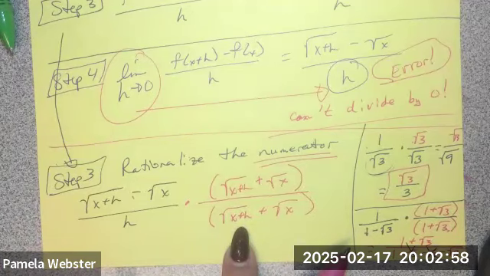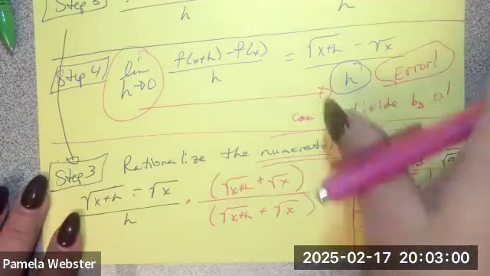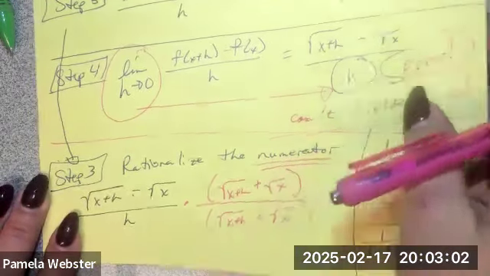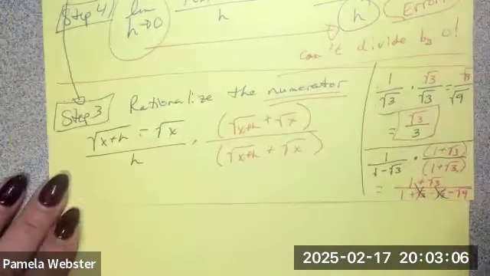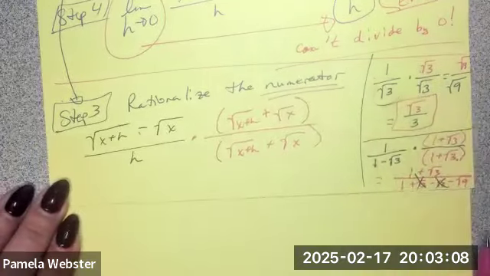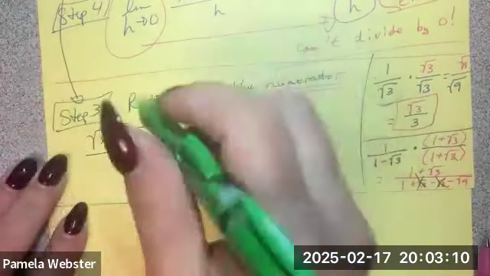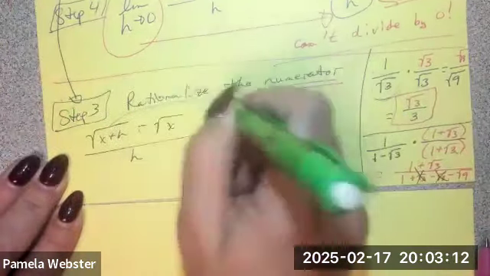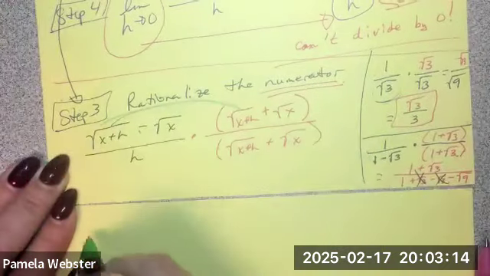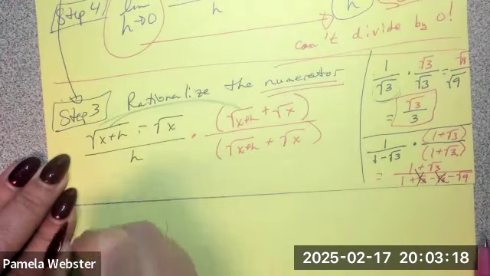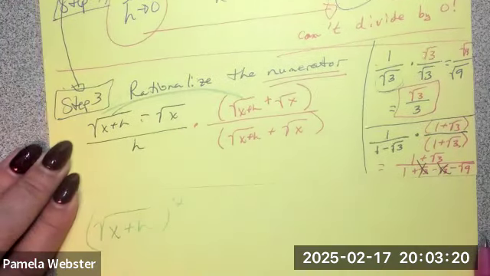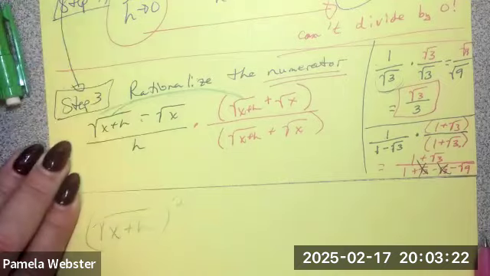Okay, so let's see what we got here. I need more space for sure. Okay, here's what happens. We need to multiply out this times this, like a difference of squares. We're going to multiply those out. So I'm going to have square root of x plus h times itself, or squared, right?